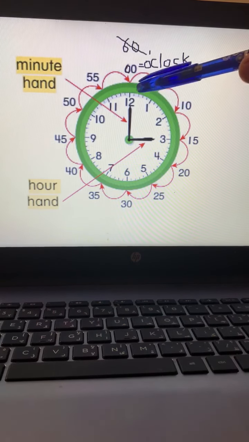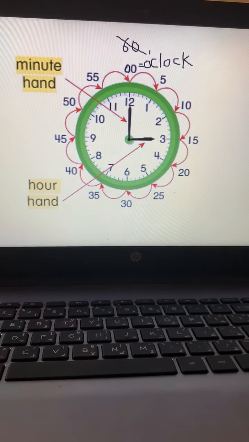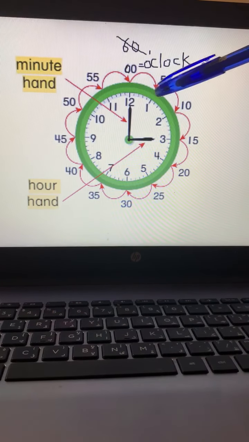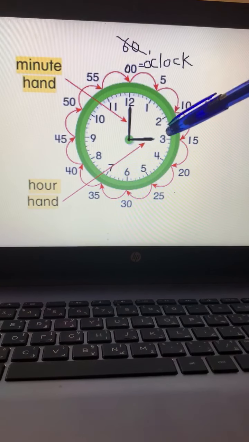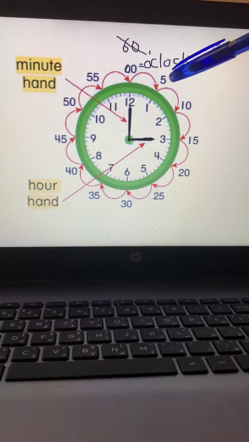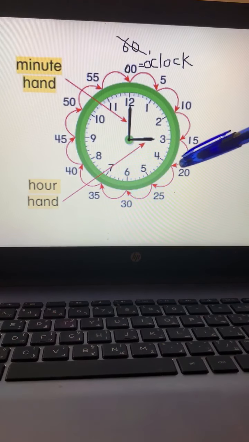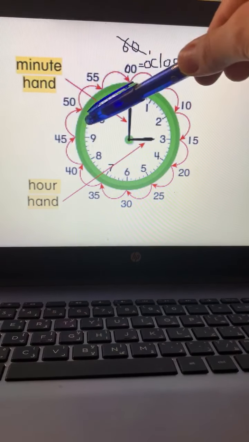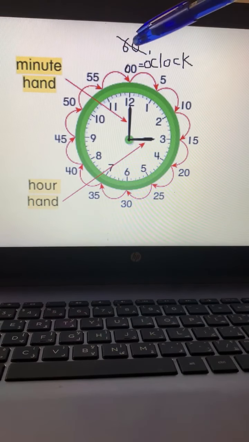It means 5 minutes. So if we want to count how many minutes there are, we start from 12, which is 0. Then we count by 5, because between these numbers there are 5 minutes in each one. So 5, 10, 15, 20, 25, 30, 35, 40, 45, 50, and 55. The last one is 60.